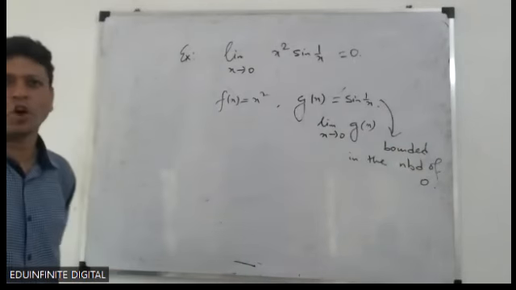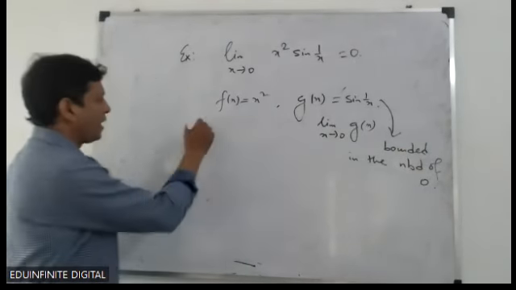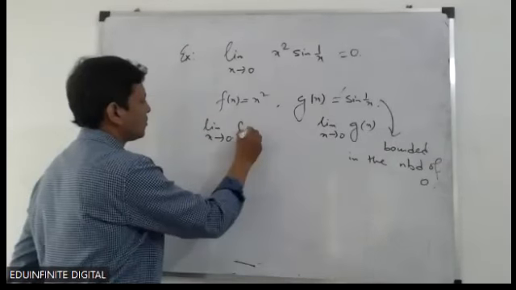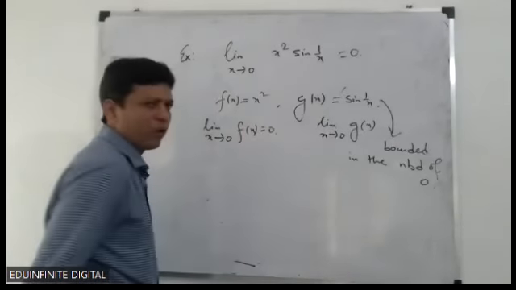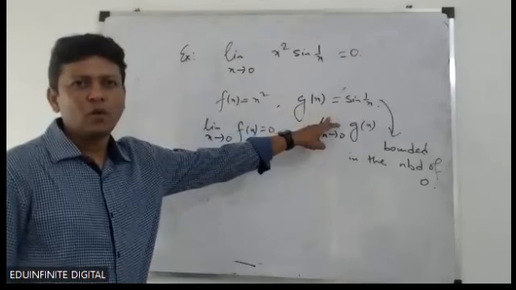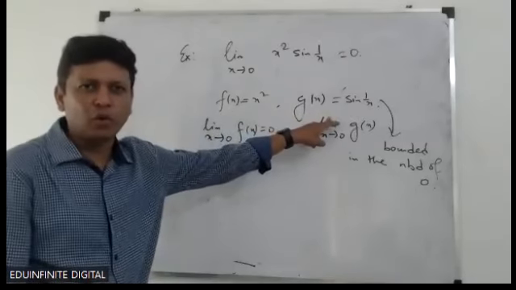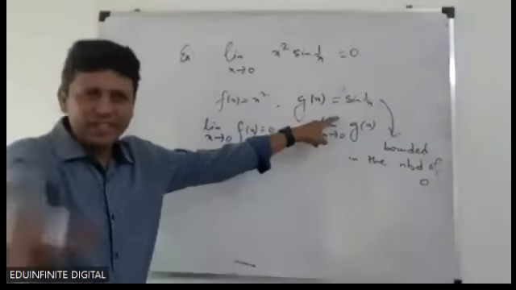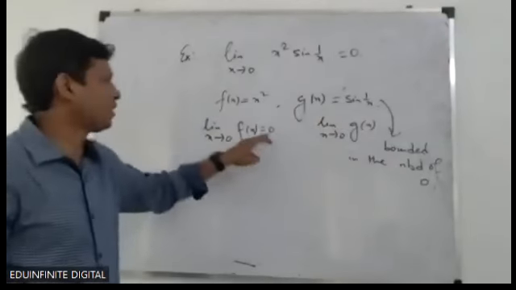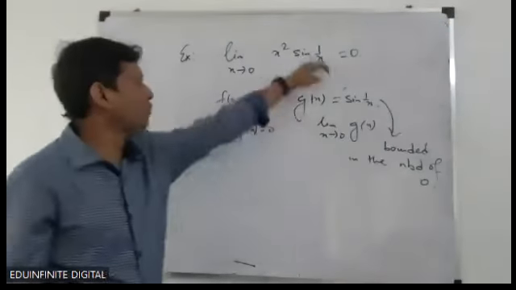Because sine and cos are all bounded functions. So if you have a product of two functions, one not defined or not existing at 0 but bounded, and another tending to 0, then the product will be 0.